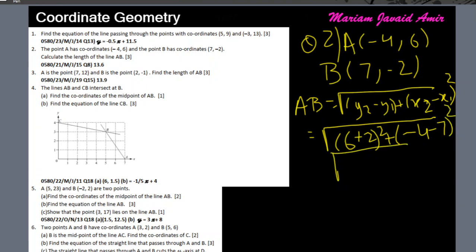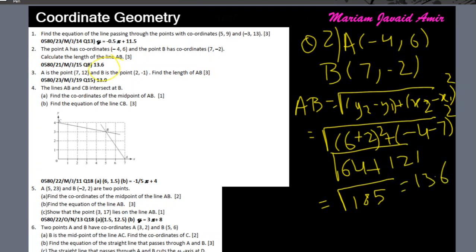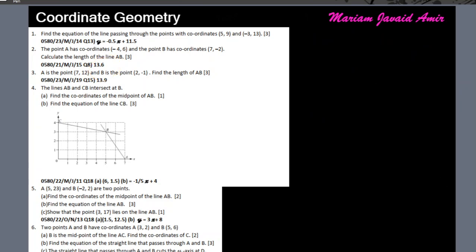So this becomes 8 whole square, 64, plus 11 whole square is 121. So this becomes under root 185. So under root 185 is 13.6 when rounded off to 3 significant figures. So 13.6.